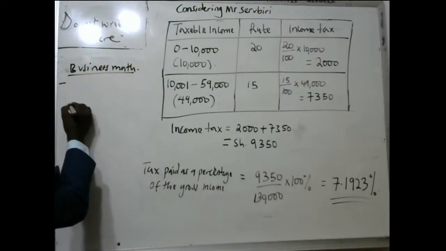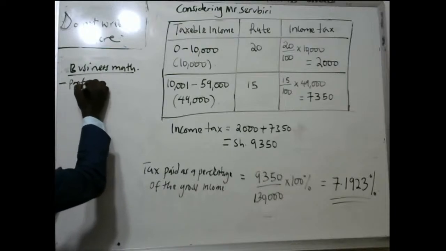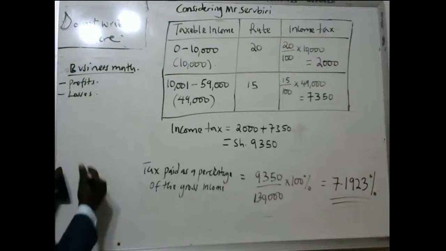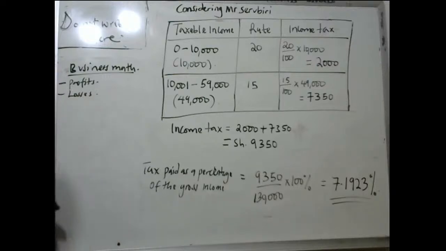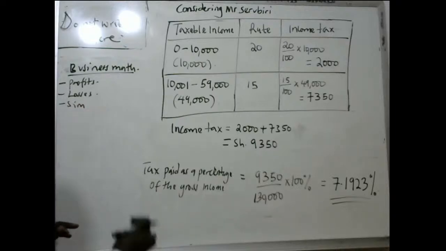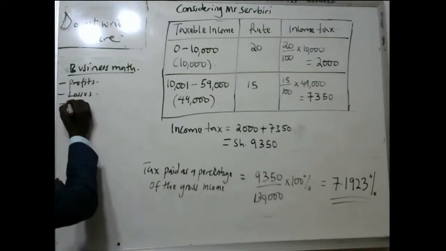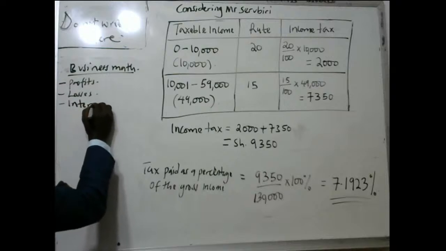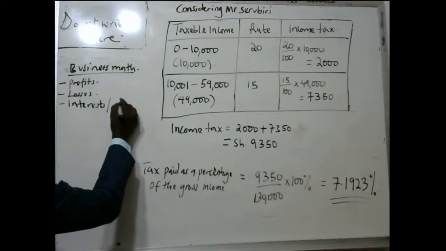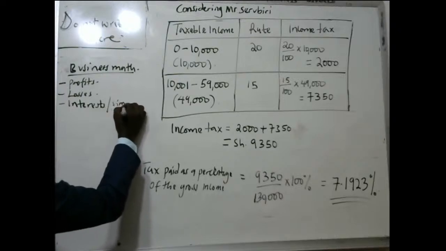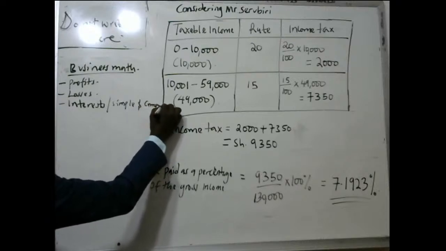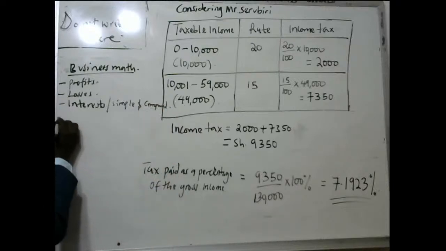We have to know about profits, losses, the percentage profit, the percentage loss, those things. You have to know about interests, but mainly these are divided into simple and compound interest.